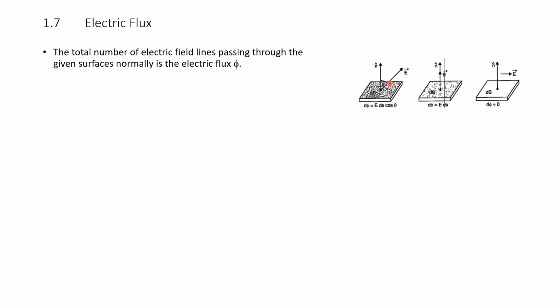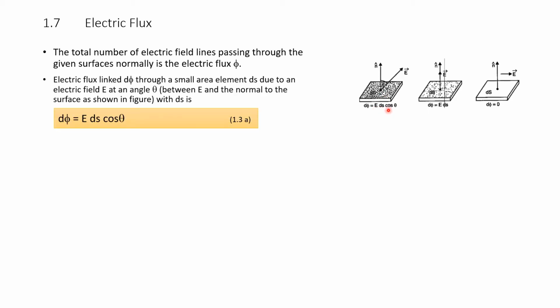Here this is the normal, and the electric field line is inclined. So d phi is represented by E ds cos theta. This is the electric flux d phi linked through a small area element ds due to an electric field.